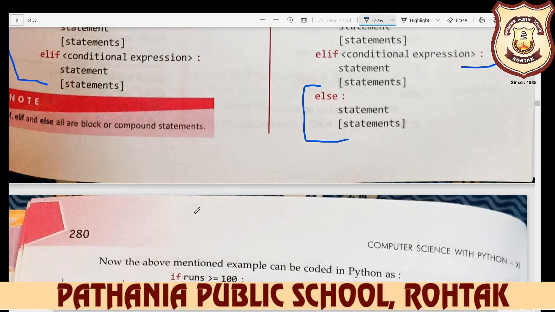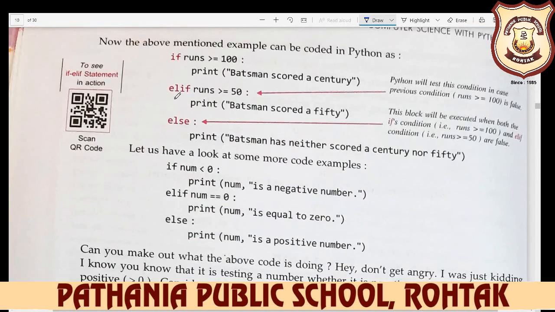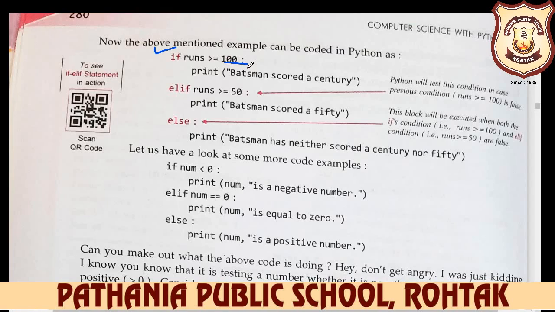Now the above mentioned example can be coded in Python. For example, if runs greater than or equal to 100, same like the previous example, if marks greater than or equal to 33, then print pass. So here, print batsman scored a century.